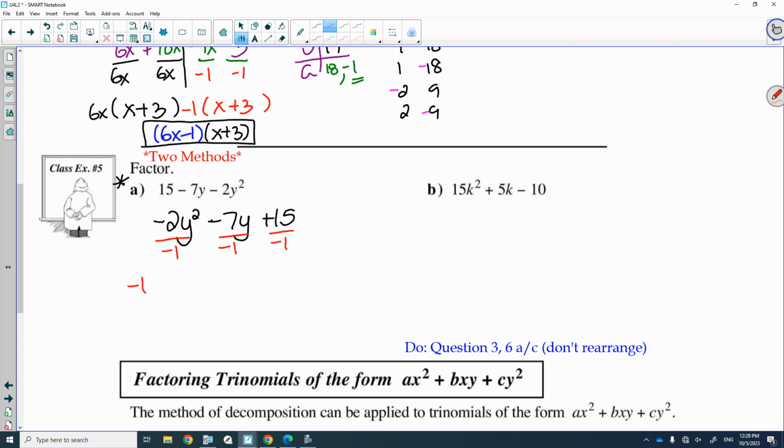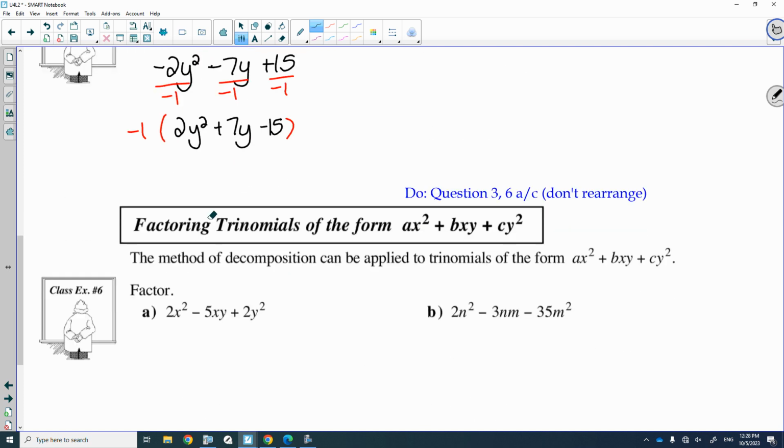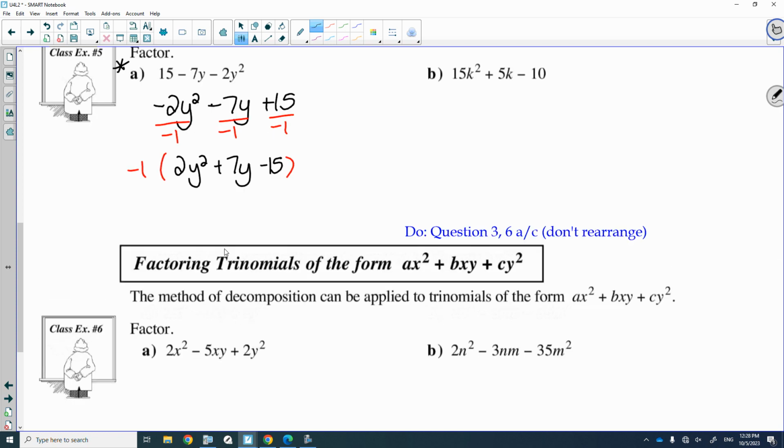So if you pull out a negative 1, what you would have is 2y squared plus 7y minus 15. Because with PSA 1, you always want to get a 1 in front. So if you have a negative, you want to factor out that negative. From here, let's set up our chart. And we're looking for negative 30, sum of 7.